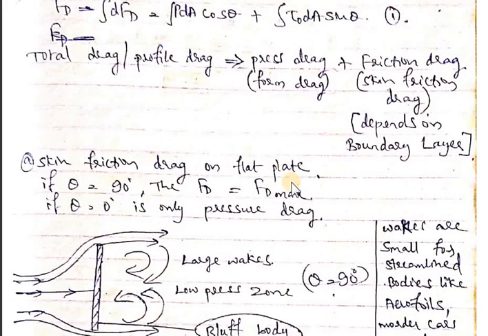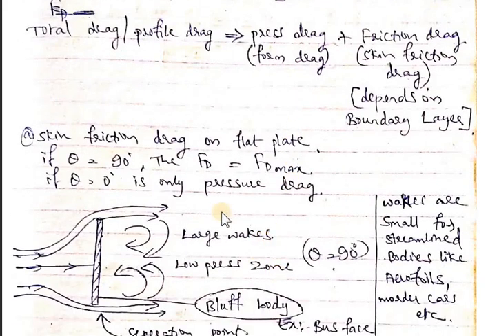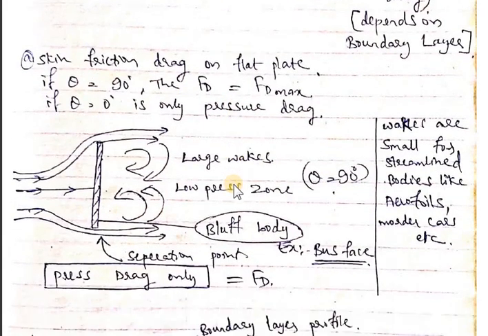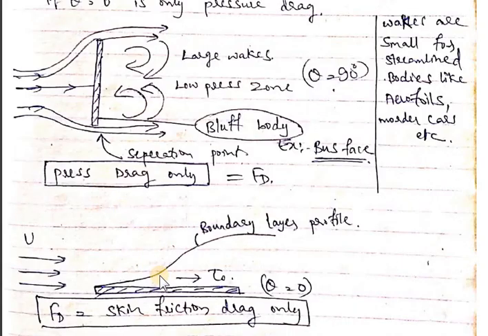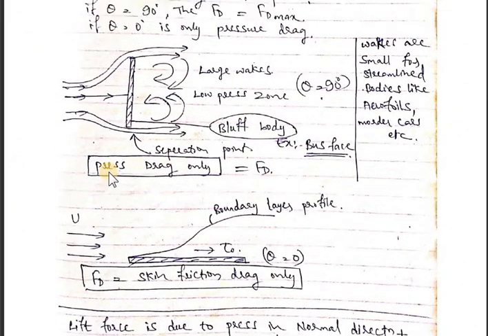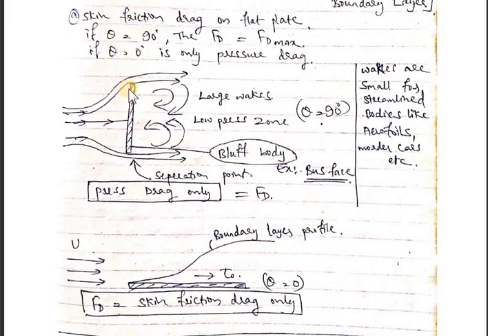Now coming to the first one, skin friction drag on a flat plate. The flat plate is either in a vertical position or a horizontal position. In the vertical position, if the angle is 90 degrees, it is exactly normal to the air flow, the resistance to the air. The air hitting the plate is going to create wakes at the backside.